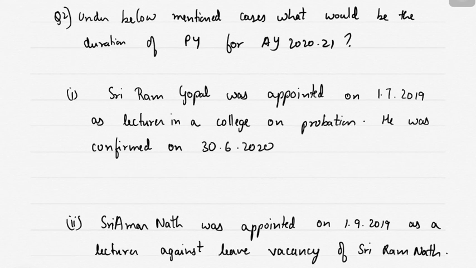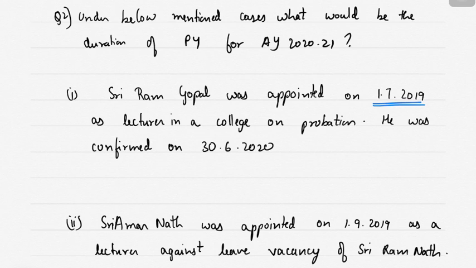Under below mentioned cases, what would be the duration of previous year for assessment year 2021? Sri Ram Gopal was appointed on 1st July 2019 as lecturer in commerce in a college on probation. He was confirmed on 30th June 2020. Okay, so Sri Ram was appointed on 1st July 2019.